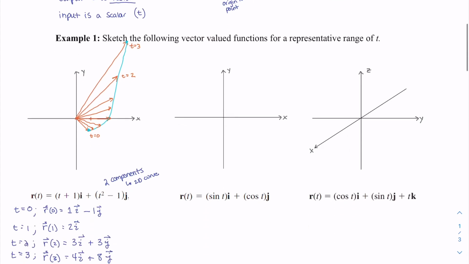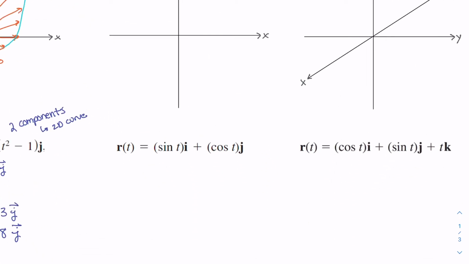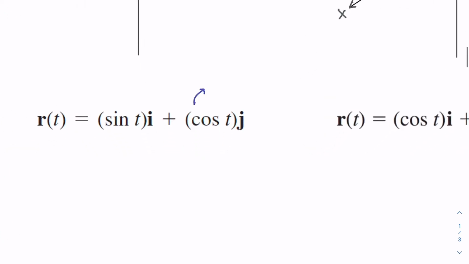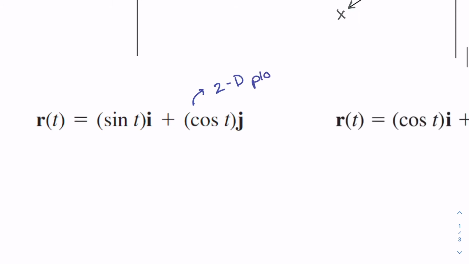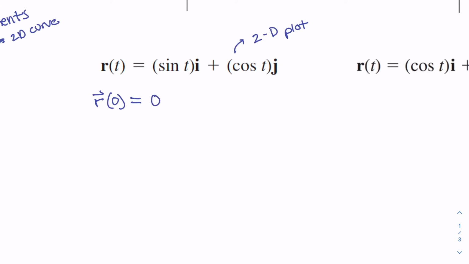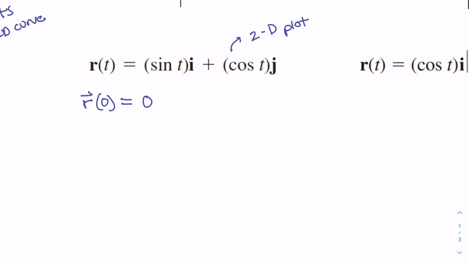Let's try this one. r of t equals sine of t in the i direction and cosine of t in the j direction. So we also know that this one is going to be a 2D plot. Only two components. So let's try r of 0. When we plug in 0 for t, we get sine of 0 is 0, plus cosine of 0 is 1.